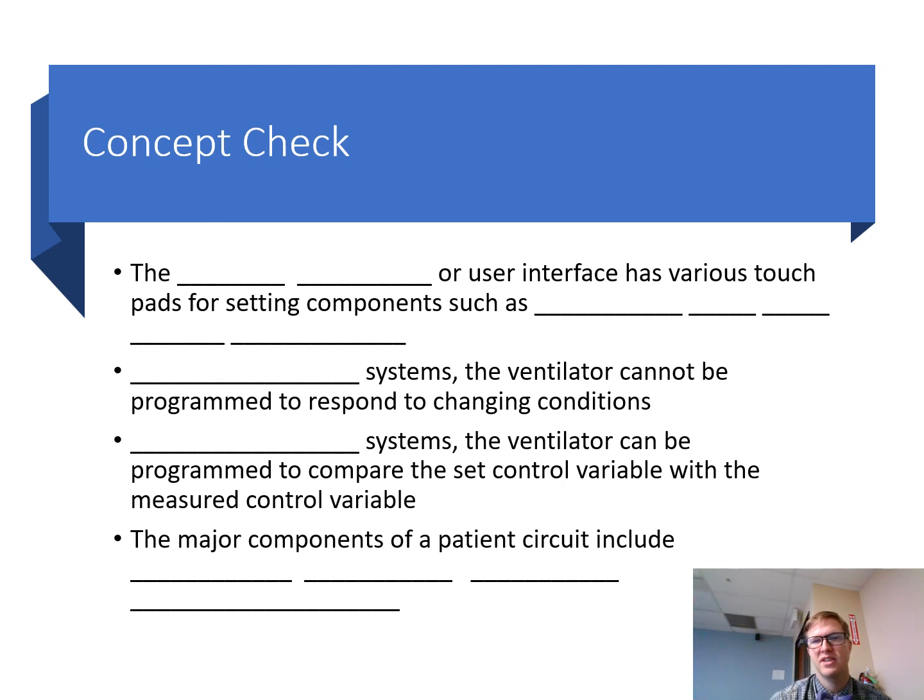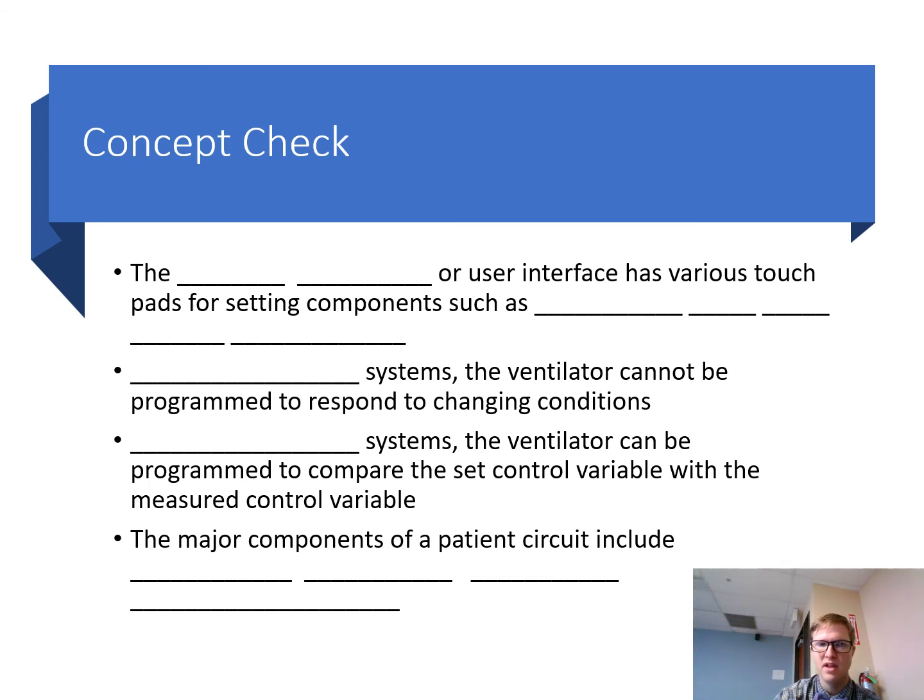In contrast, closed loop systems are often described as intelligent systems because the ventilator can be programmed to compare the settings you have in there to the patient's response to those settings. So we can have adjustments or alarms depending on which mode we have the patient in.